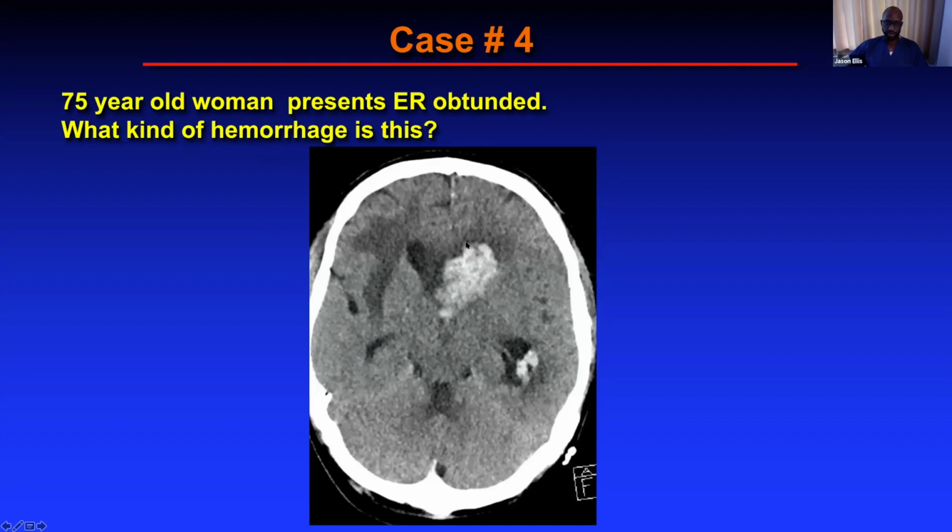So probably on first glance, you thought this was an intracerebral hemorrhage, but in fact, based on the asymmetric location of this blood in an area where the frontal horn of the lateral ventricle should be, you know this is going to be an intraventricular hemorrhage.